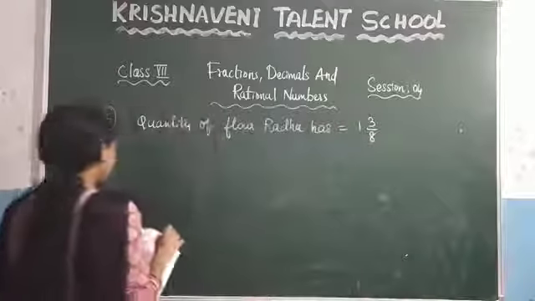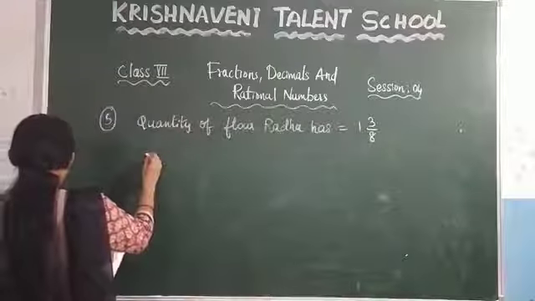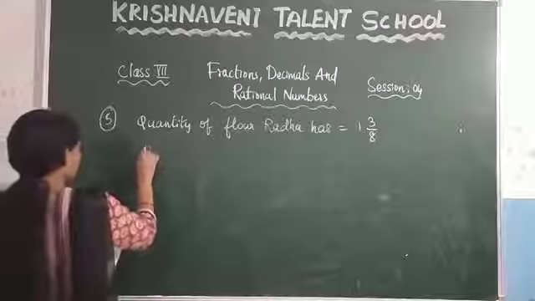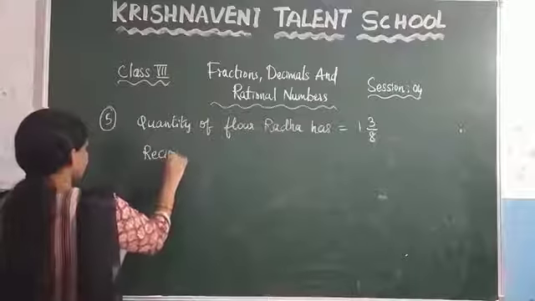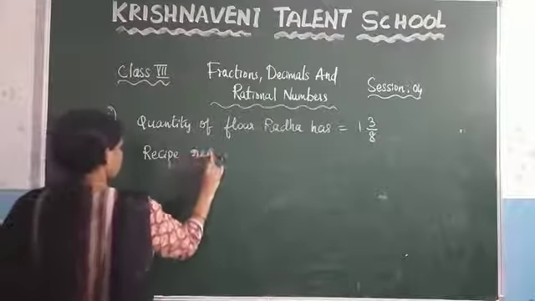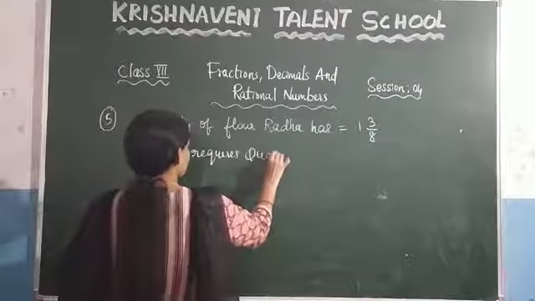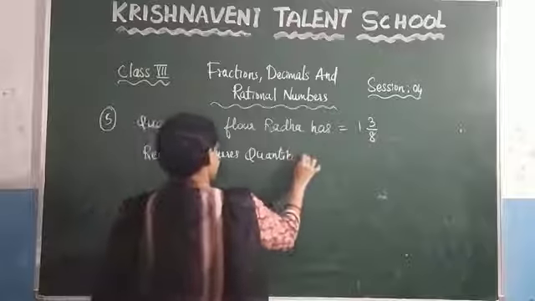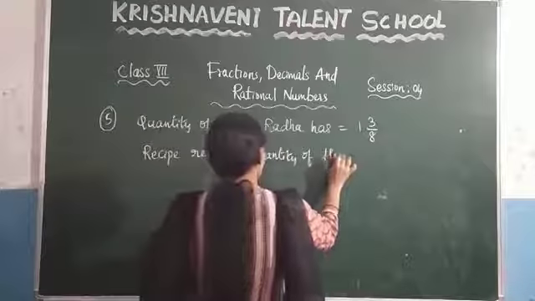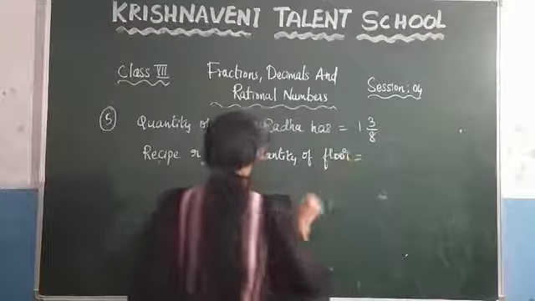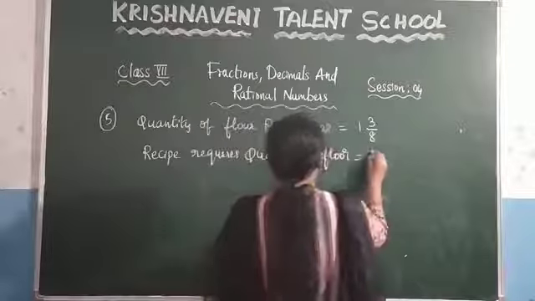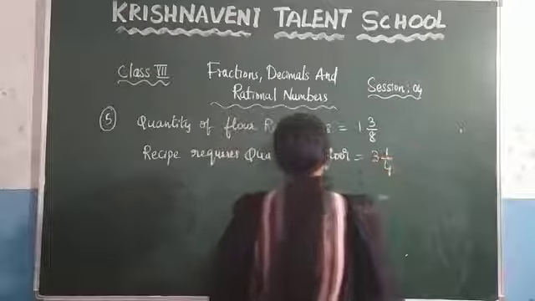And how much quantity of the flour is it named here? Write it here. Recipe requires. To prepare the recipe, how much quantity of flour we need, which is 3 1 by 4.